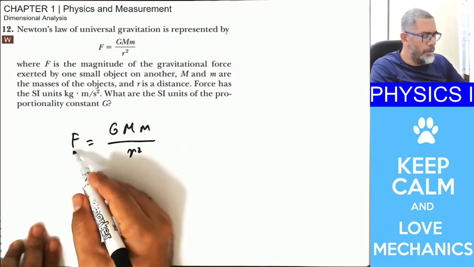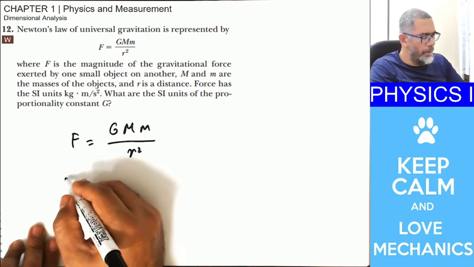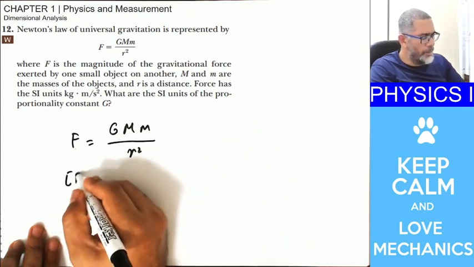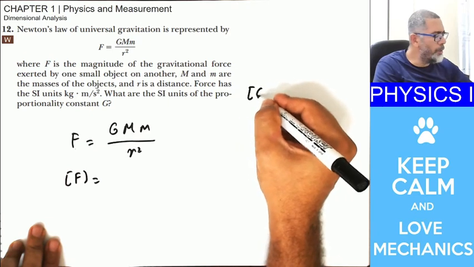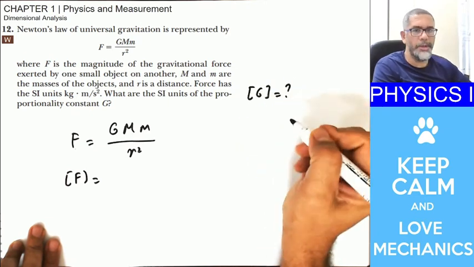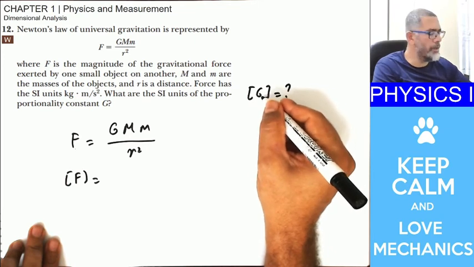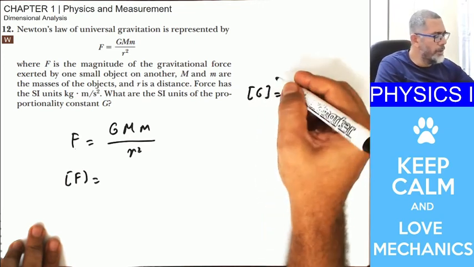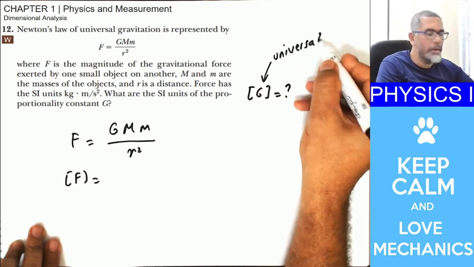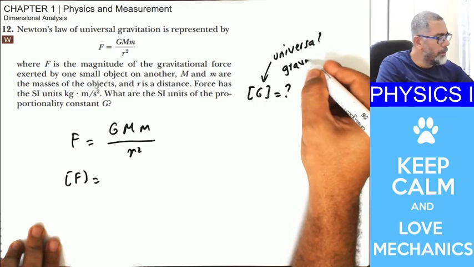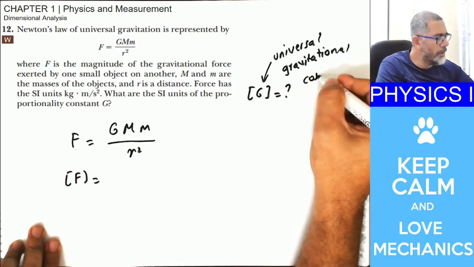So I will take a square bracket of every term, and that means square bracket of F. So what the question is about is just what is this square bracket G. This is the question. What is the dimension of G, the physical constant, the universal gravitational constant? This is called the universal gravitational constant, okay?